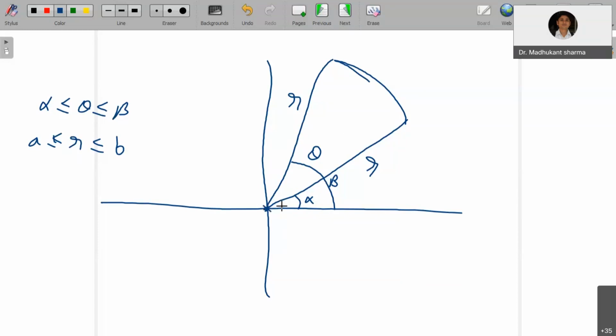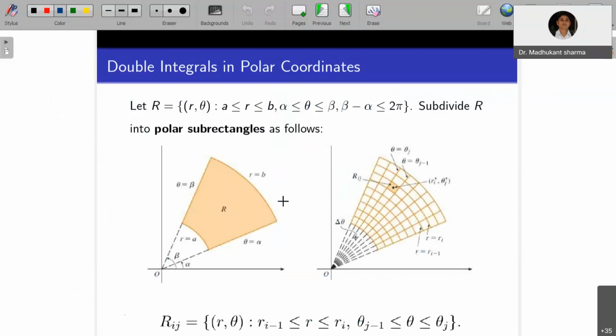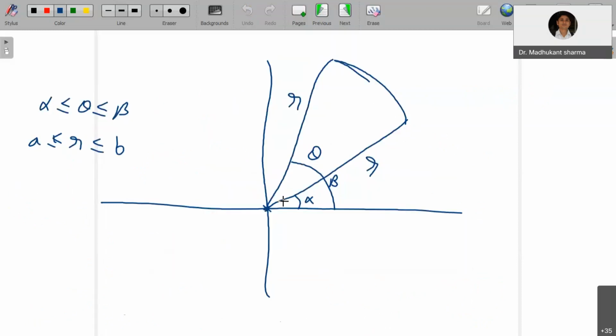Let's see. Yes, okay, so it's not from A; it's going to be r equals 0 to r equals B. Yes, so I was correct. This is a simple polar rectangle.